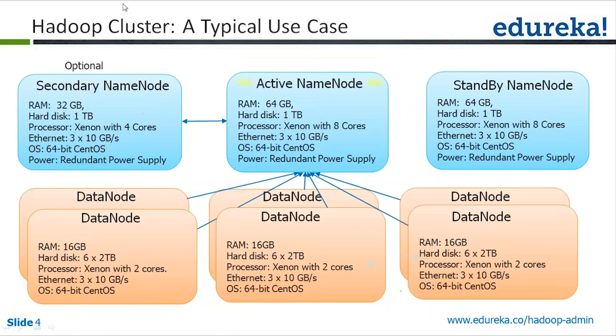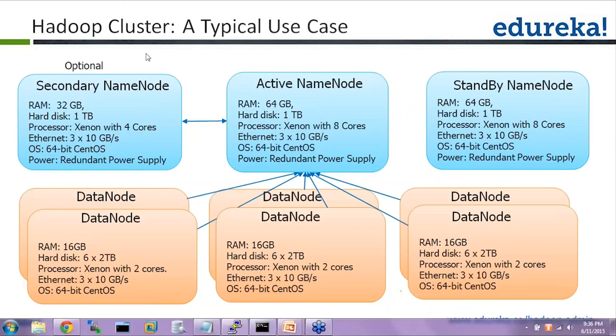So if you see the architecture of Hadoop, the typical use case from the cluster administrator's point of view, you have got two name nodes, active and standby, basically to build high availability into the name node, and you have got multiple data nodes connected to it.